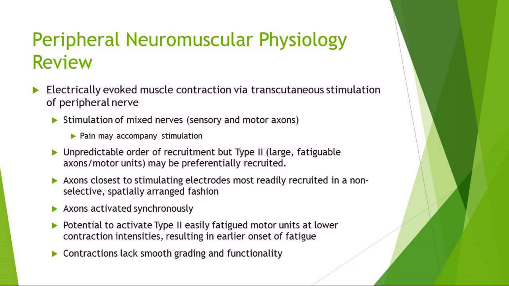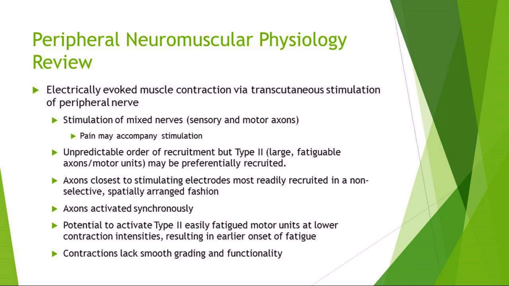A lot of axons are activated synchronously instead of just as needed. And there's more potential to activate the type 2 easily fatigued motor units at lower contraction intensities, which results in earlier onset of fatigue. So electrically evoked muscle contractions are not as fatigue resistant as voluntarily, physiologically evoked contractions.